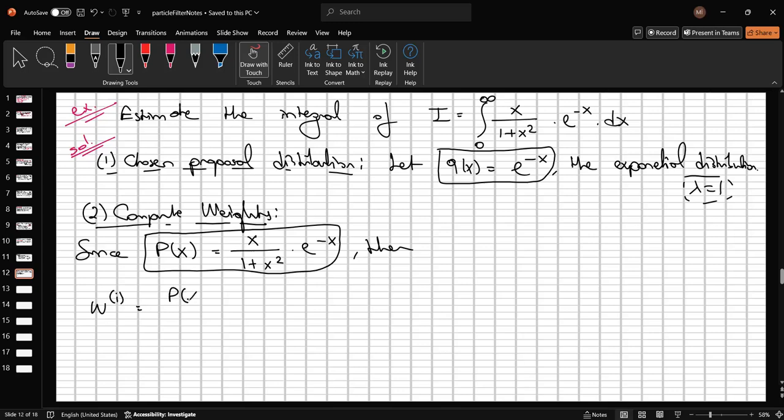The p(x_i) divided by q(x_i) equals x_i divided by 1 plus x_i squared times e to the minus x_i divided by e to the minus x_i, which equals x_i divided by 1 plus x_i squared.